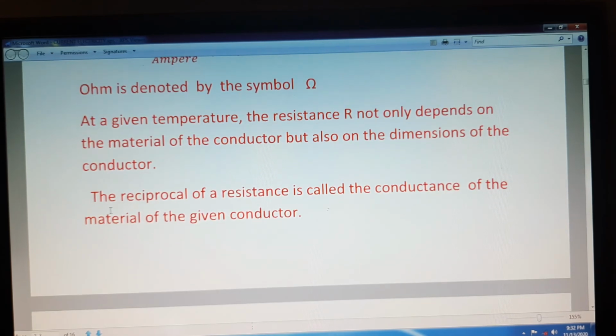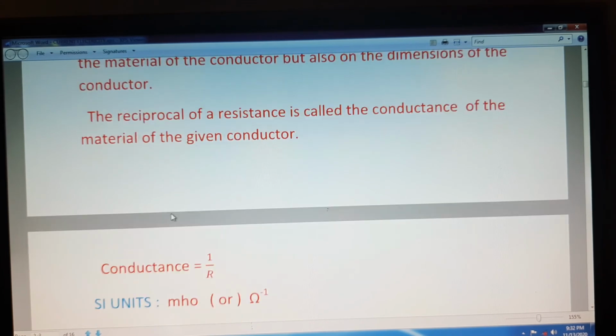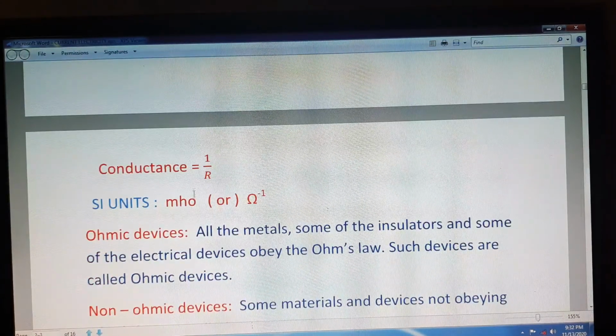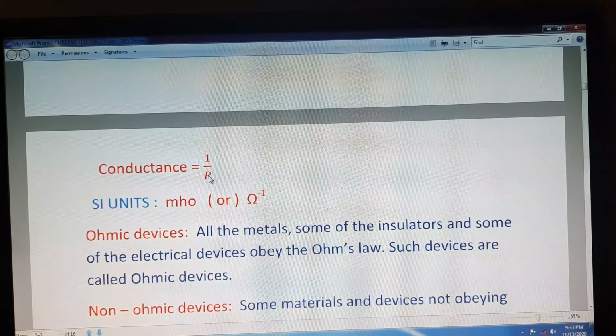Next one, the reciprocal, meaning the inverse, of the resistance is called conductance of a given conductor. So the conductance is equal to 1 by R, where R is the resistance. 1 by R means inverse of resistance.